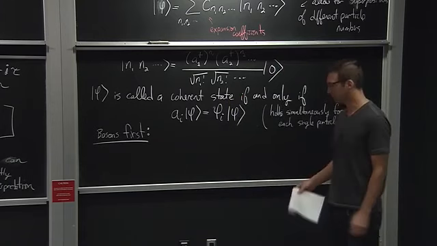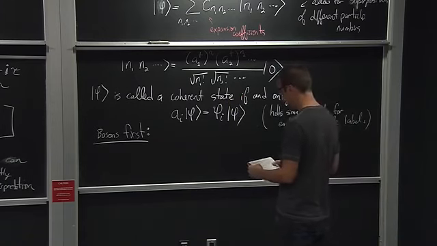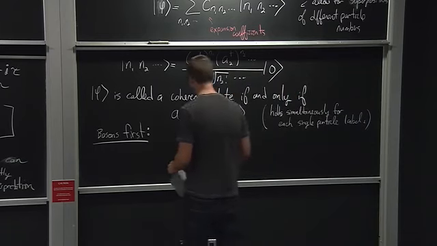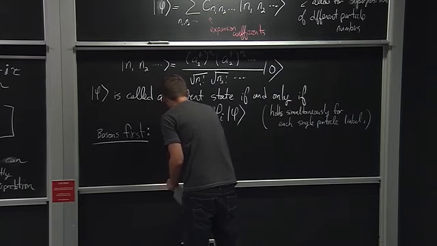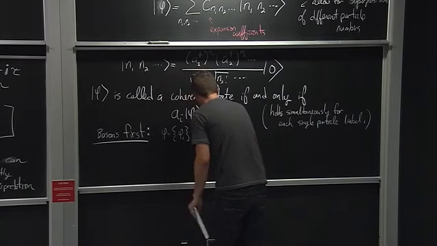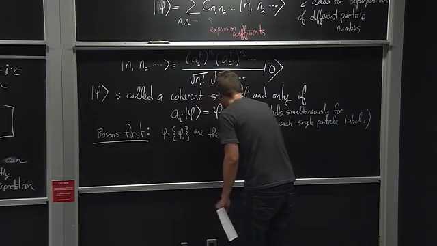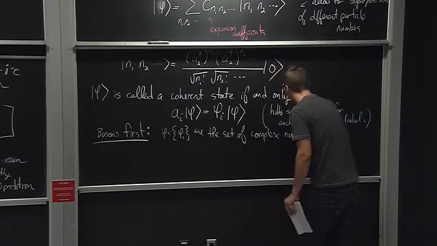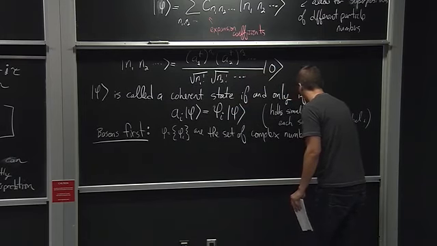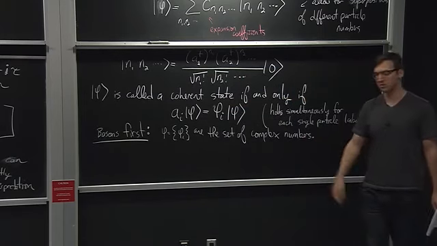So it's a set of basically all complex numbers. And at the end of class, we'll see what they are for fermions.